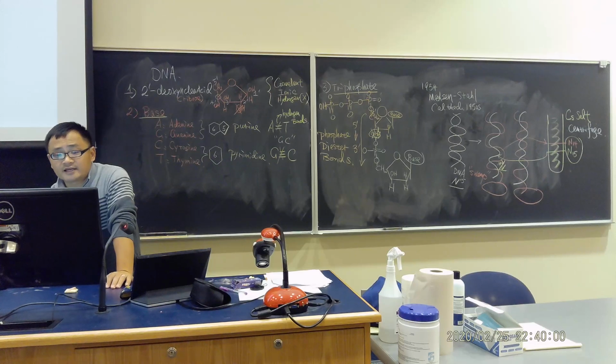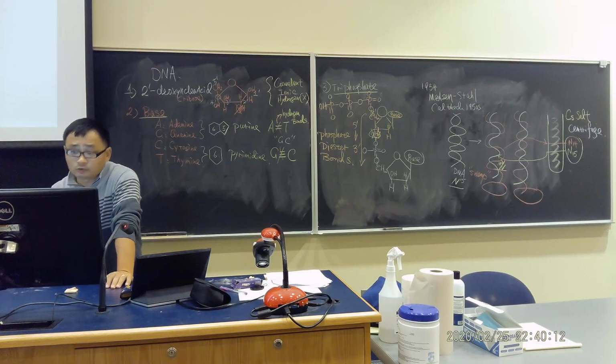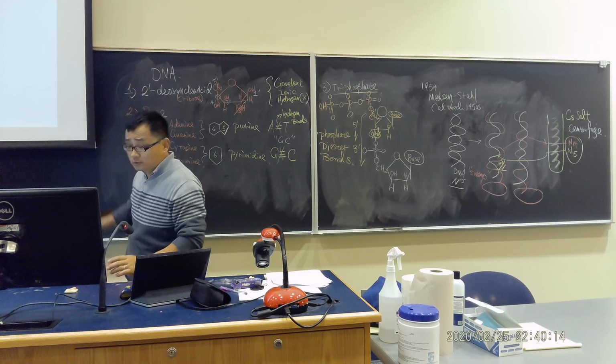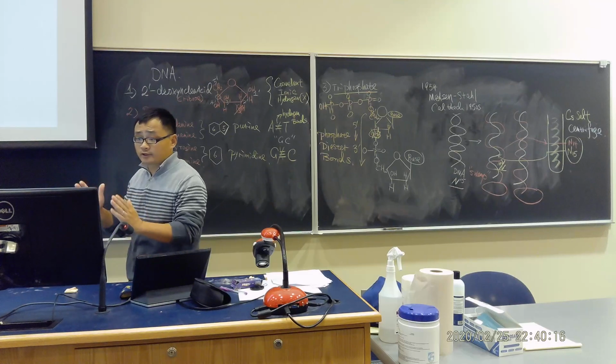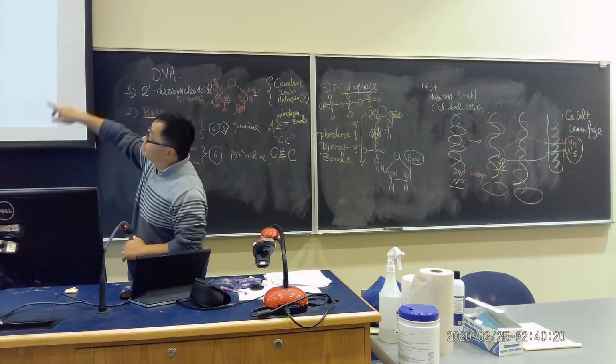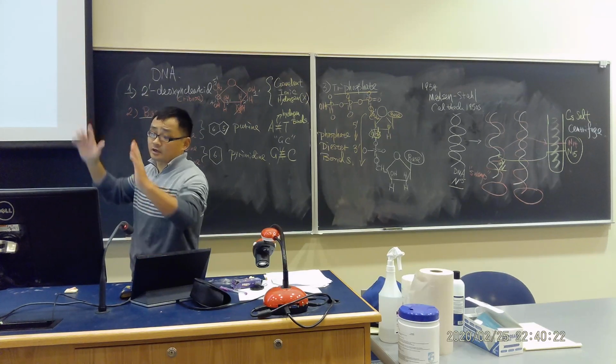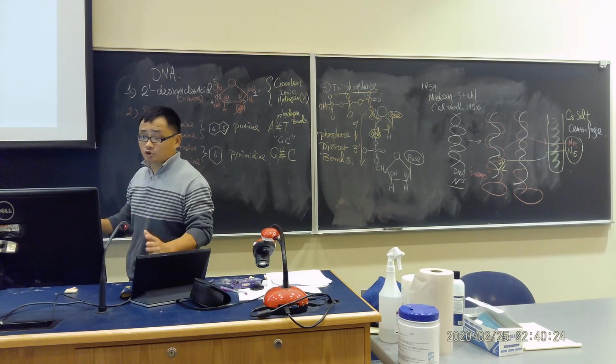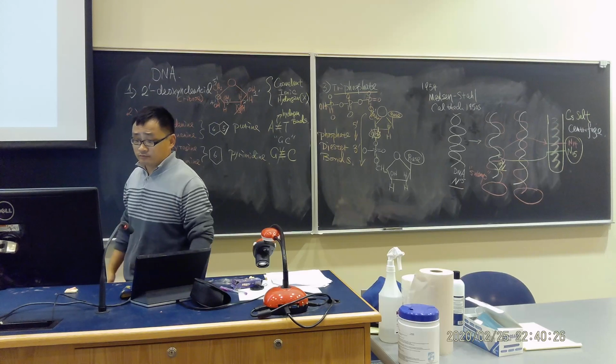Always remember that the 5 prime is right there, connected to a phosphate, and the 3 prime goes here, which is a hydroxyl base. So what this picture really tells you is that they are running in opposite directions. Look at the sugar. The sugar is upside down. So the DNA strands are running in opposite directions.